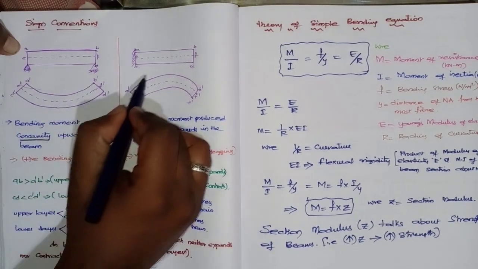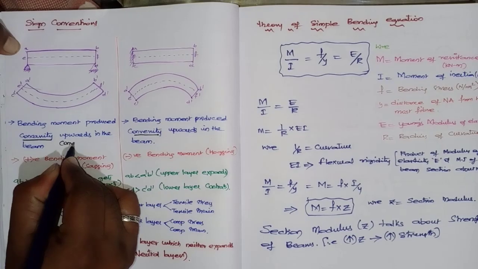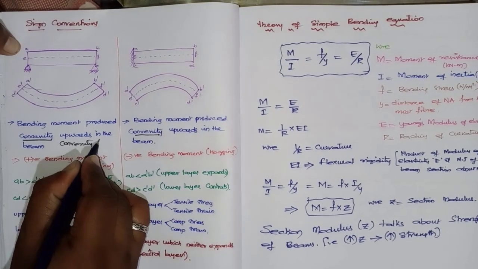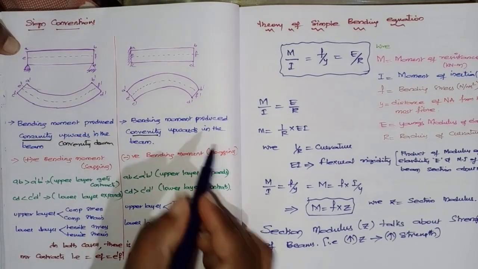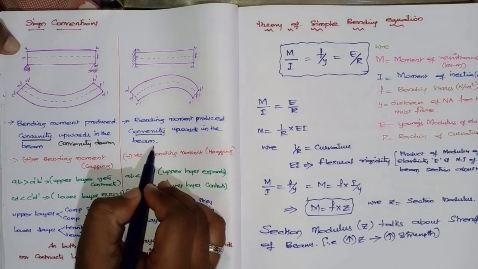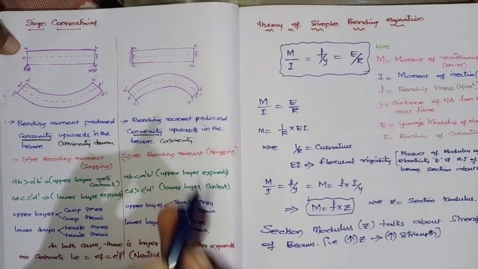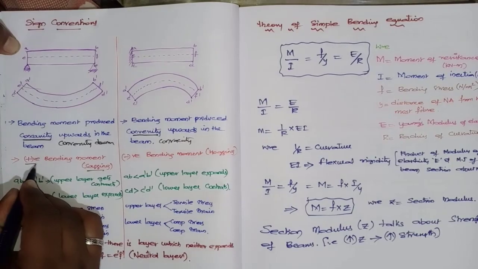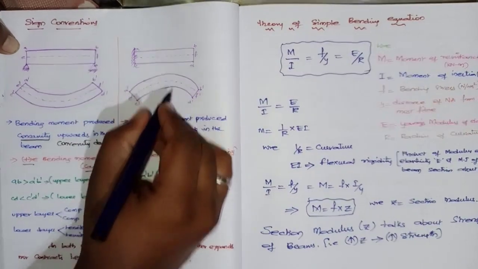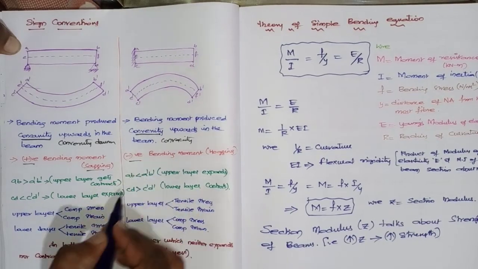Concavity upwards is opposite to convexity downwards, right? And here convexity upwards means concavity downwards, vice versa. Now here, this is a sagging bending moment which is positive, and here the cantilever carrying any load will have a hogging bending moment which is negative.